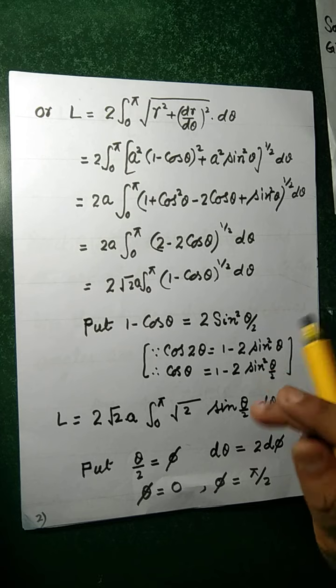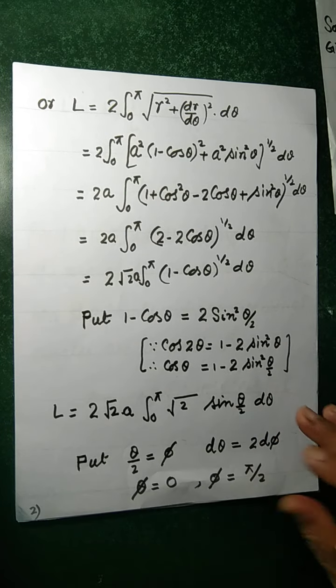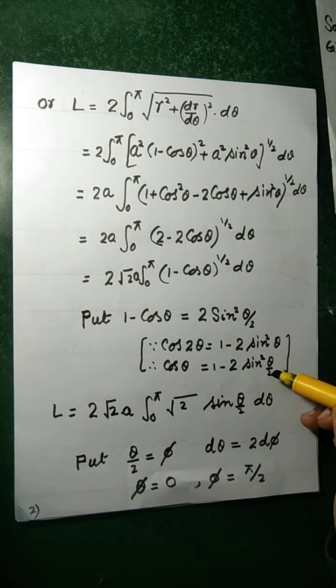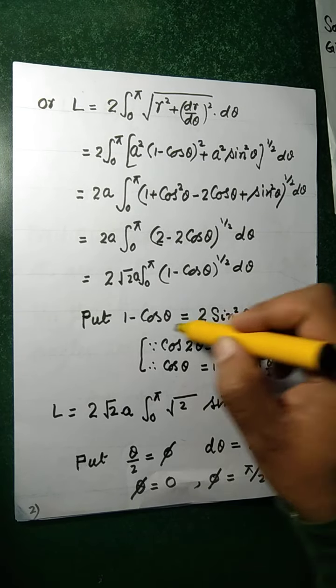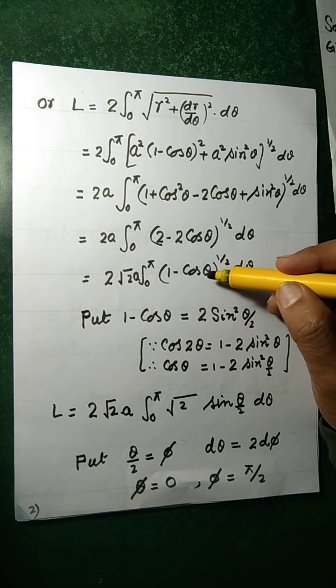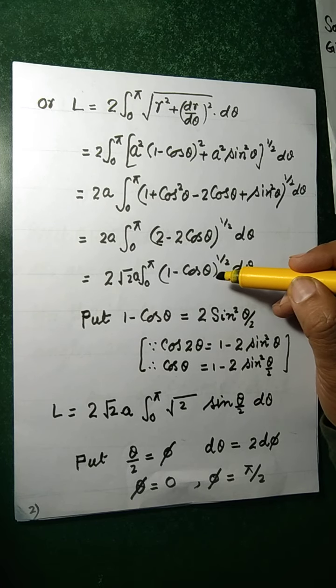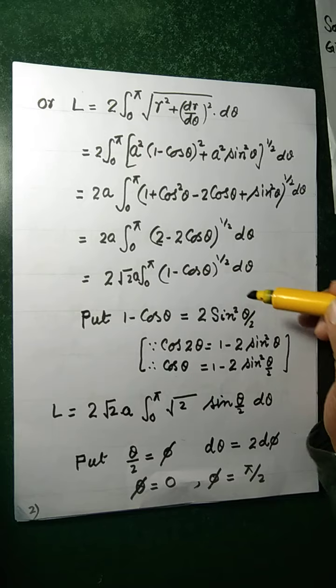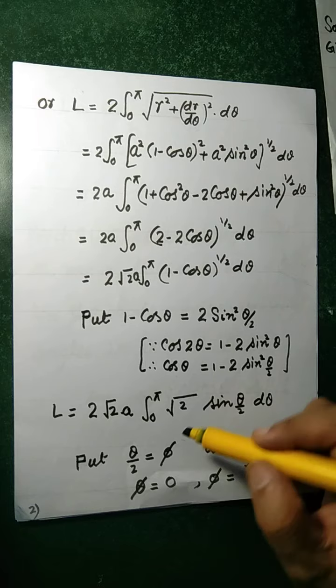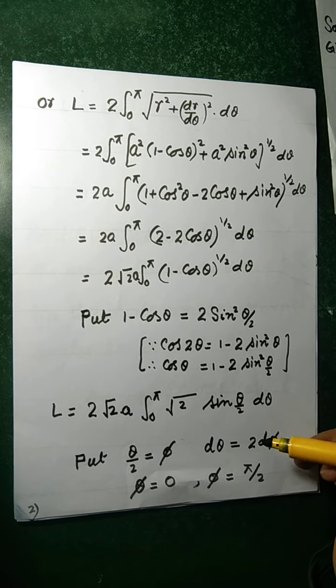And we know the relation of cos 2 theta and sin theta is this way; if we take theta as half, theta will be half here. So by using this result, we obtain 1 minus cos theta is 2 sin squared theta by 2. Taking the square root of 2 sin squared theta by 2, we obtain square root 2 sin theta by 2.